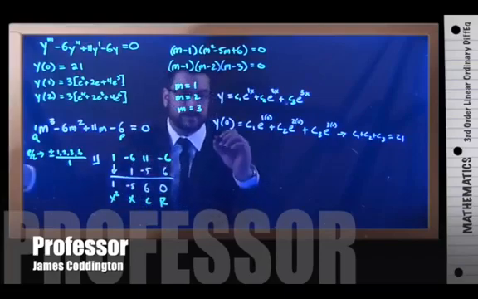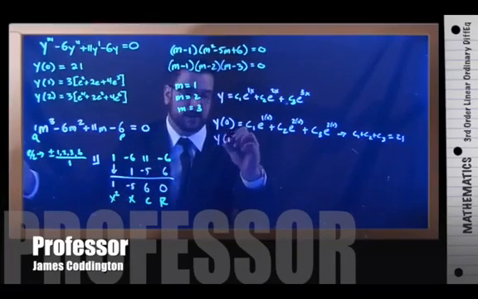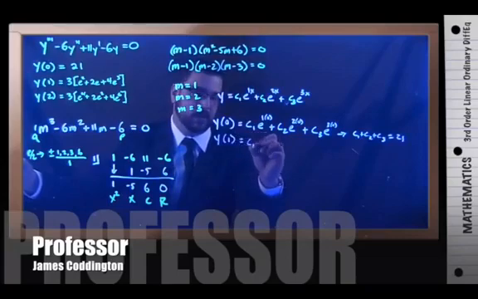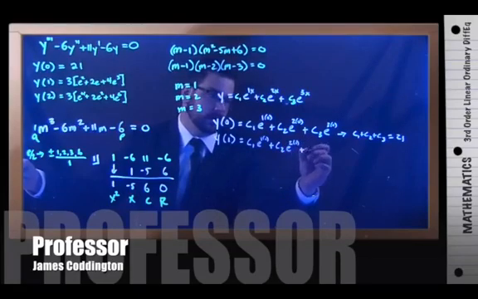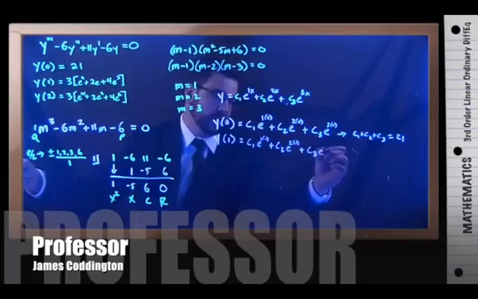We've got 2 more to go. When we plug in 1, we get C1 e to the 1 times 1 plus C2 e to the 2 times 1 plus C3 e to the 3 times 1.